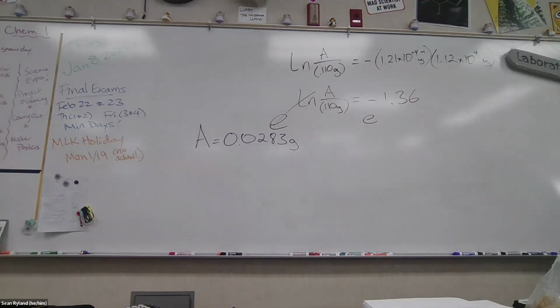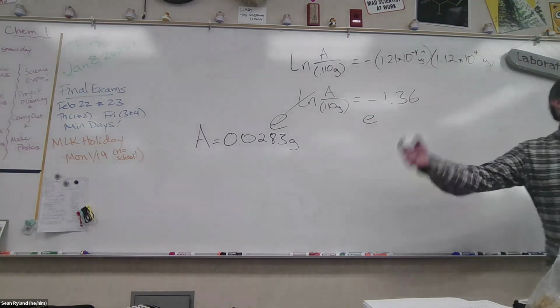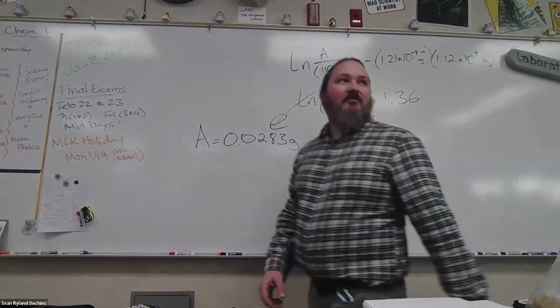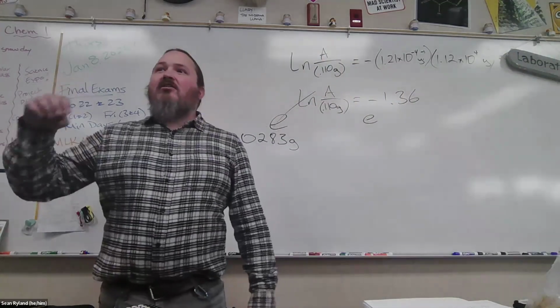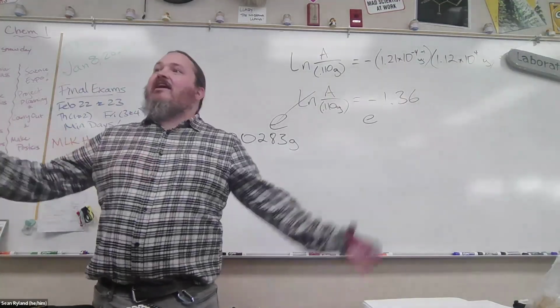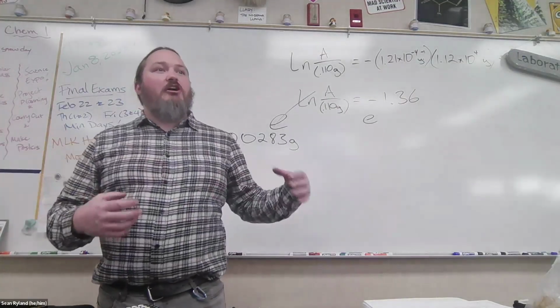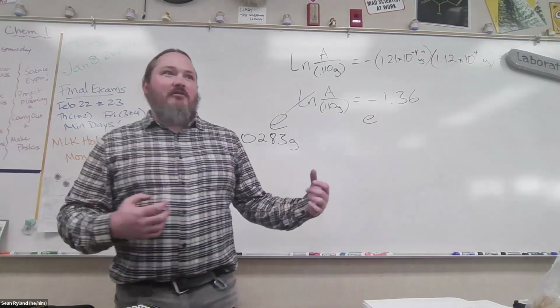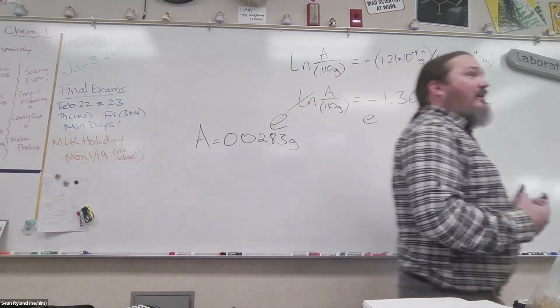So what this means is basically we can tell how long it's been since something stopped taking CO2 out of the atmosphere. As long as we're living, we're taking in a relatively constant ratio of carbon-14. This is how we do carbon dating.